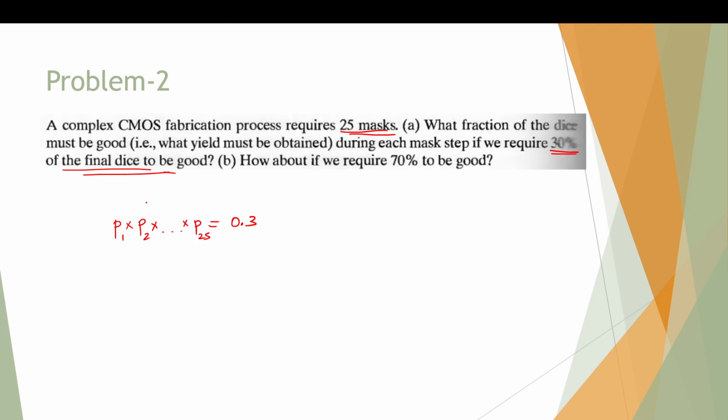Correct. So say that all the mask steps are equiprobable, so then this is nothing but p to the power 25. If p1, p2, p3 are all same as p, then p power 25 should be 0.3. So if you just calculate, this will give you p to be something around 0.953.